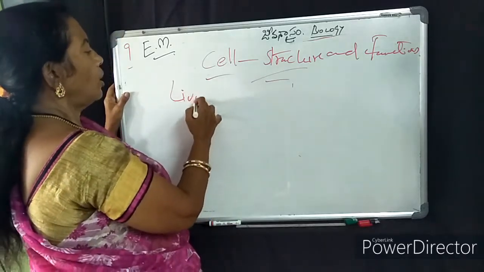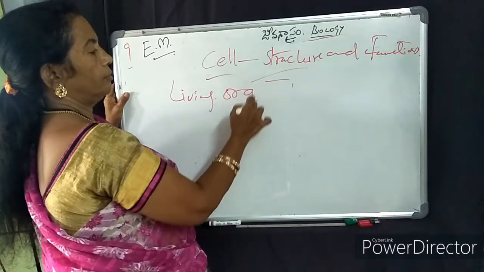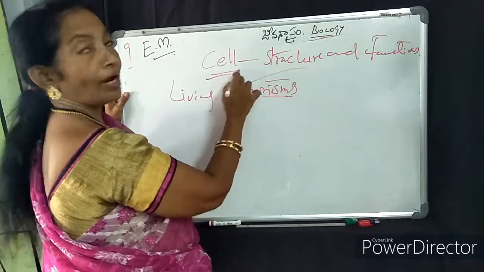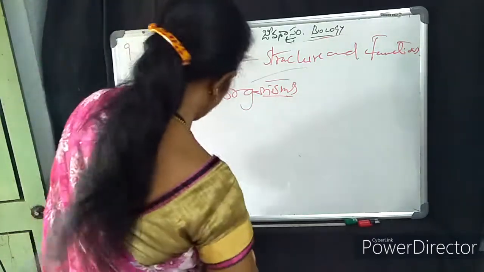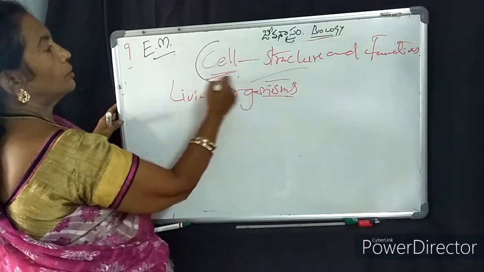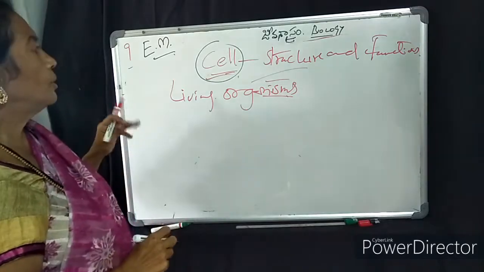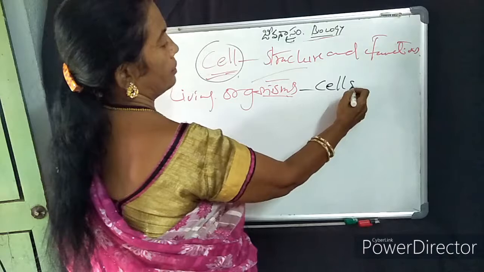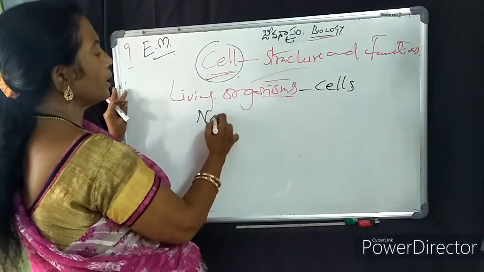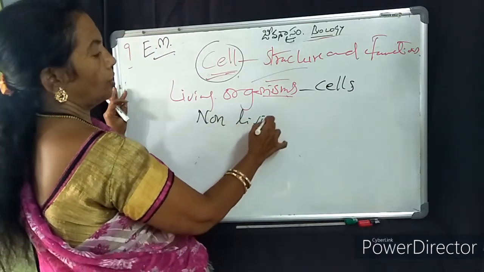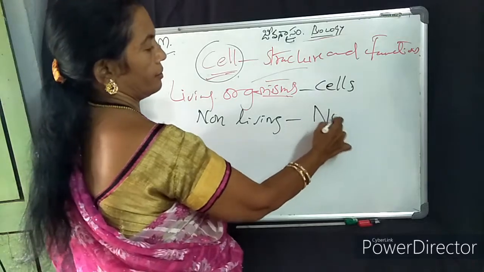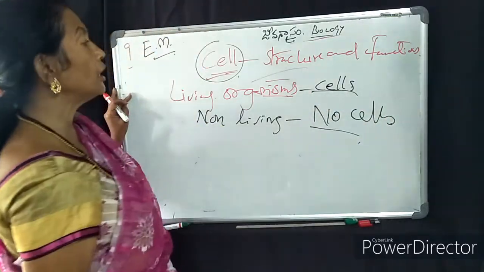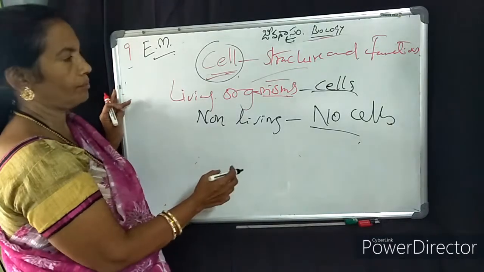In living organisms. Living organisms have cells and non-living things have no cells. This is the main difference between living and non-living.